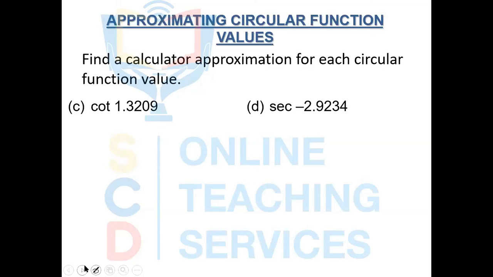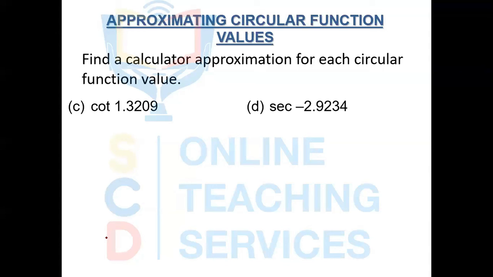Since tangent is sine all over cosine, cotangent is the reverse, cosine all over sine.